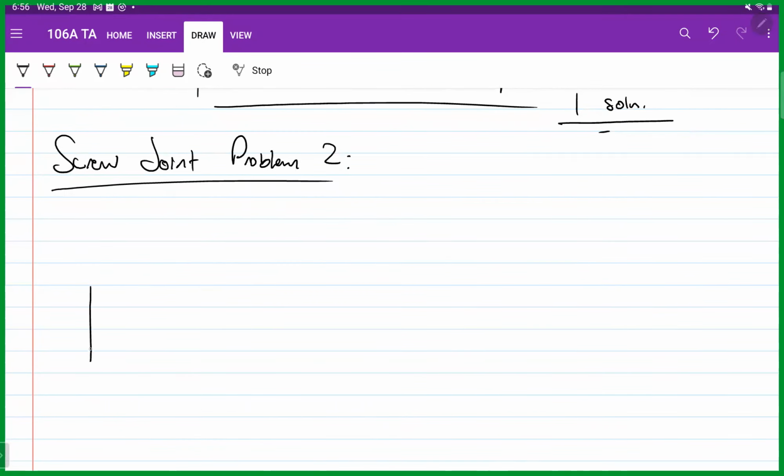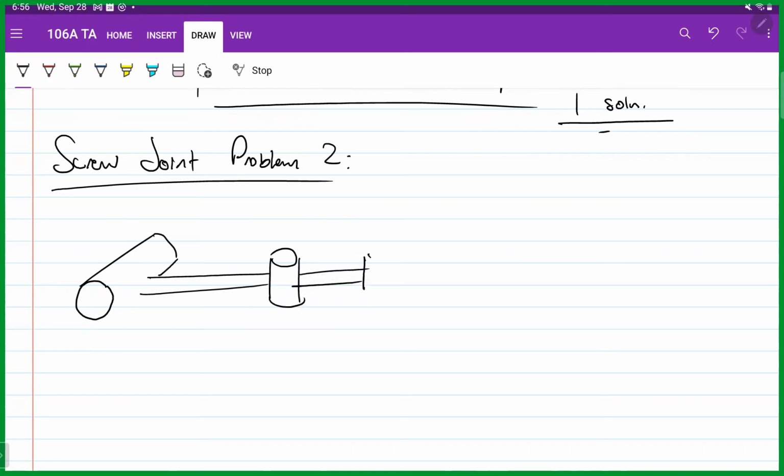I'm going to draw the screw joint first, actually. Let's see. So something like that. This direction.